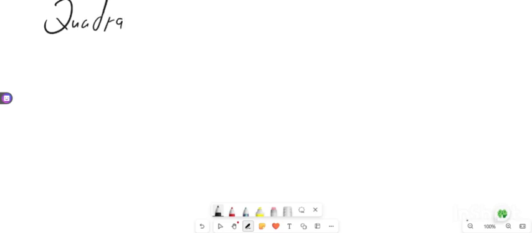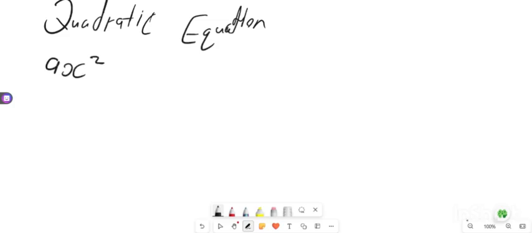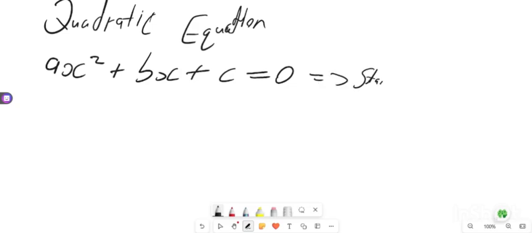Before we start, you must see whether the equation is quadratic. A quadratic equation is in this form: ax squared plus bx plus c equals 0. This is also the standard form.